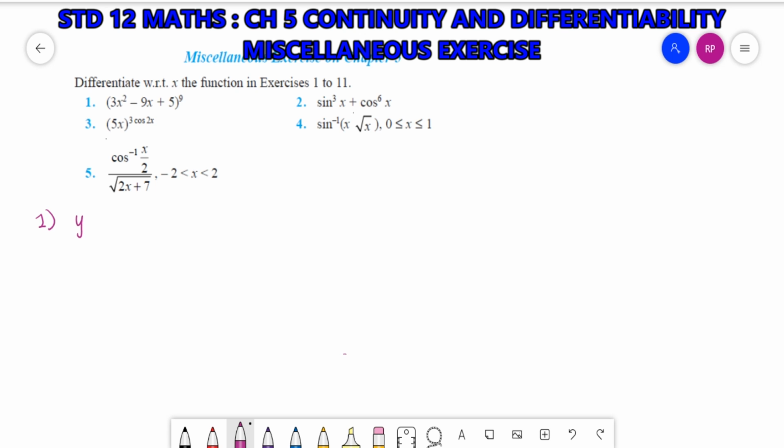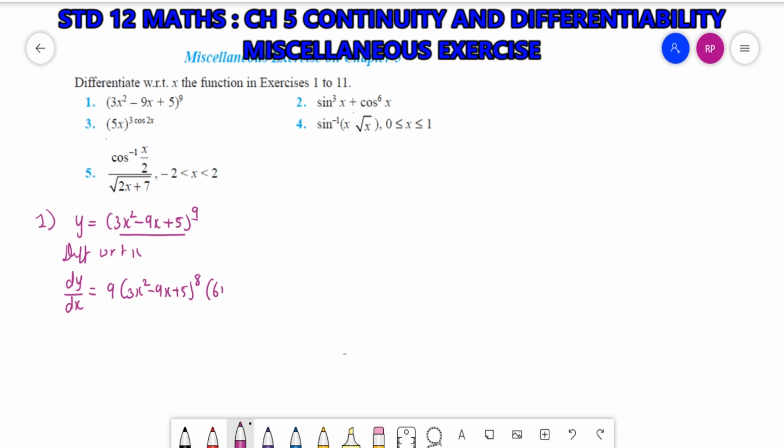Let's take y equal to (3x square minus 9x plus 5) raised to 9. Differentiating with respect to x, we will get dy by dx equal to 9 into (3x square minus 9x plus 5) whole raised to 8 into d by dx of (3x square minus 9x plus 5).